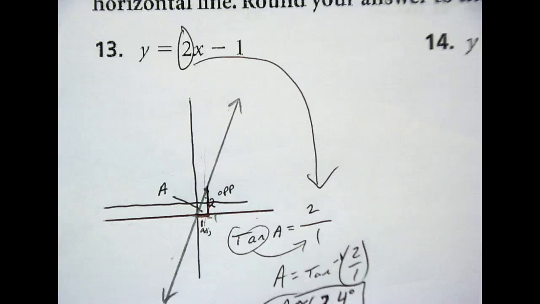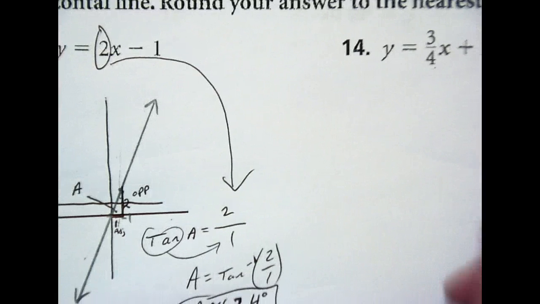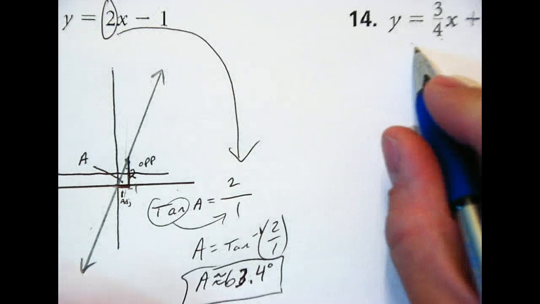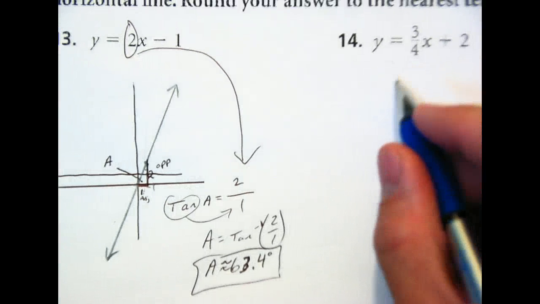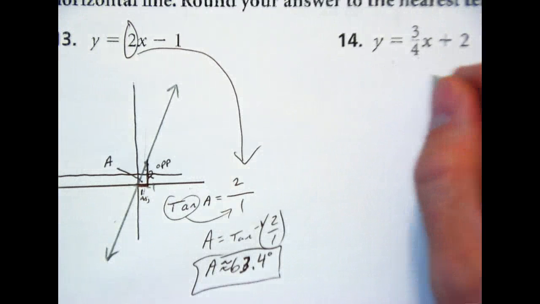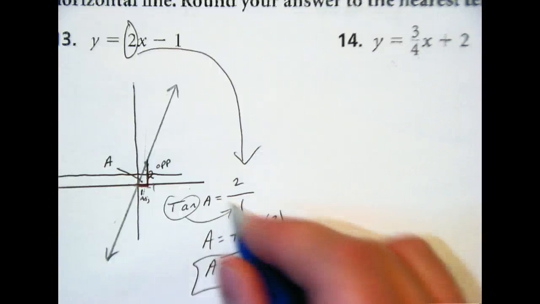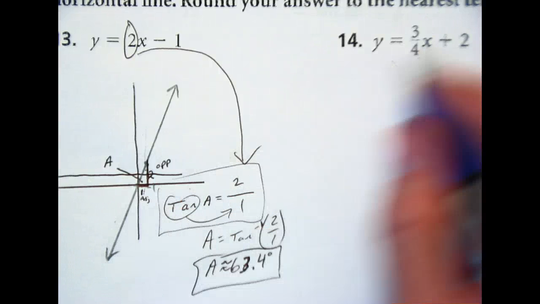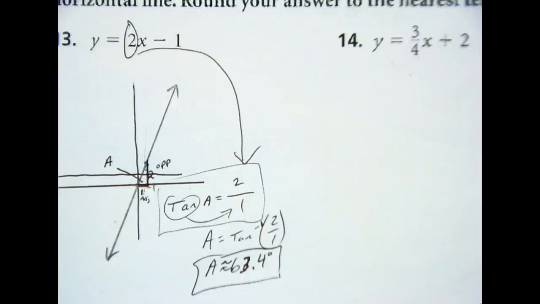You don't have to draw that picture every time. If I'm dealing with number 14, tan 3 over 4, I want everyone to write down what your tangent equation is going to be for number 14. Get about 15 seconds.